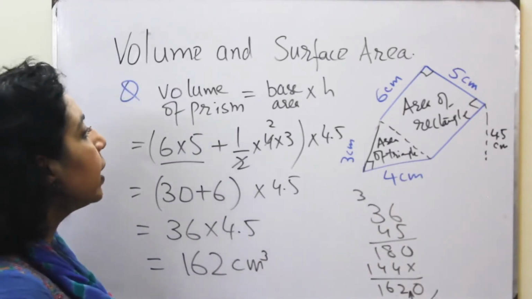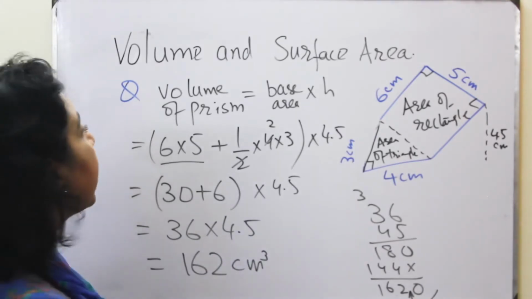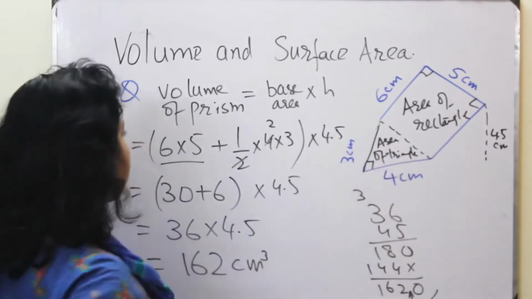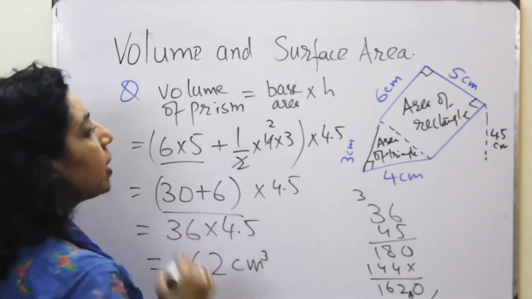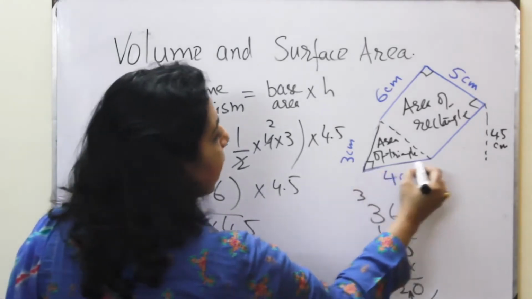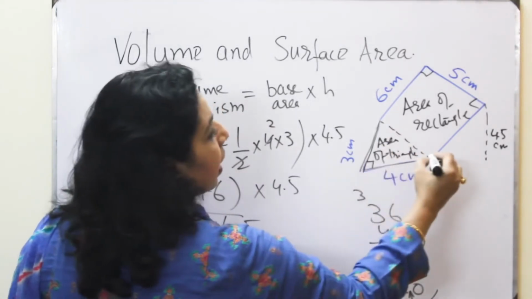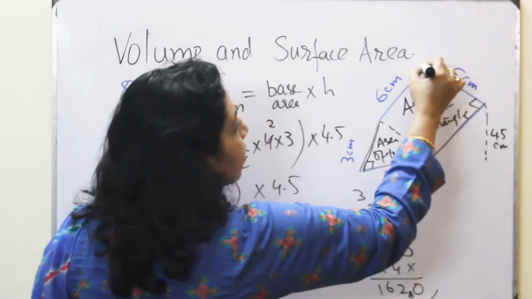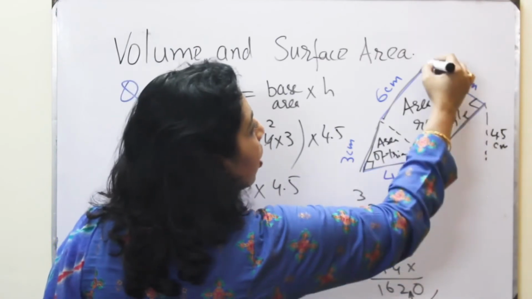Now we have to find the surface area. So we have to take the area of the base twice, means 36 twice, along with the perimeter. Perimeter will have this side along with this side. This is also 6. If this is 6, this is 6 along with this 5.